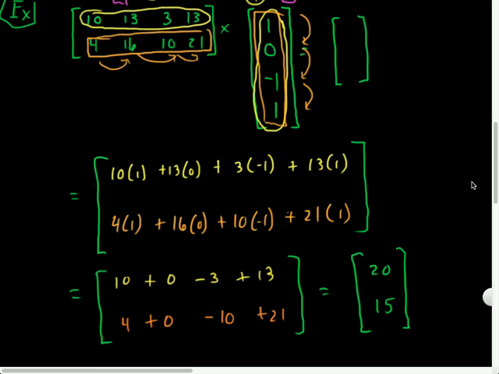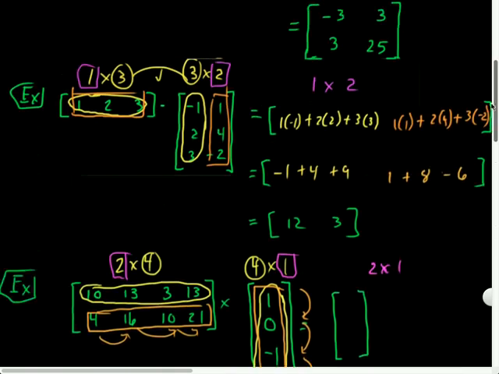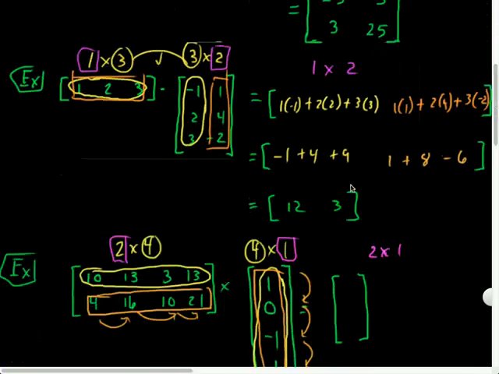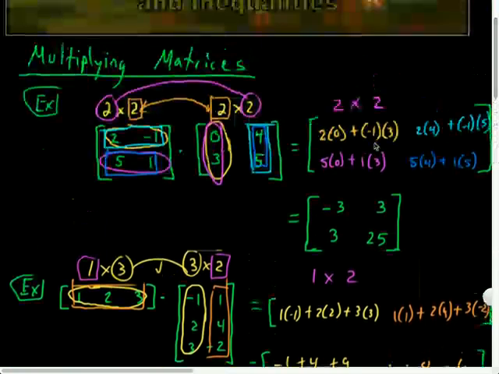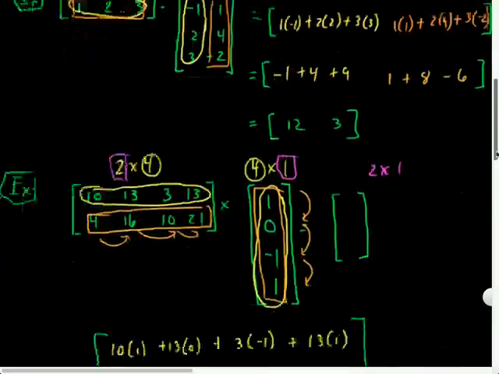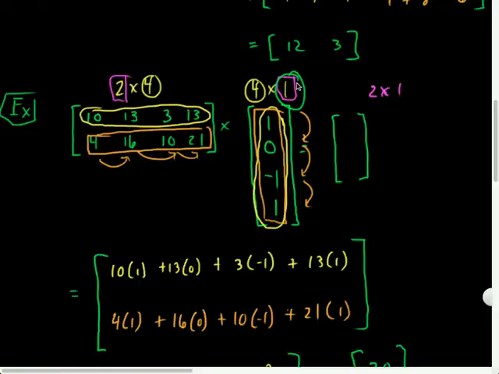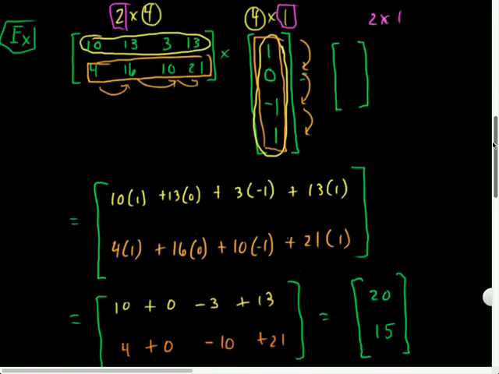Our answers can really be any size. I realized 2 of my answers had a dimension of 1, but if we had changed this number to a 3, we suddenly would have had a 2 by 3, right? So the answers can be any size, but you have to multiply very particular pairs of matrices in order to do this.